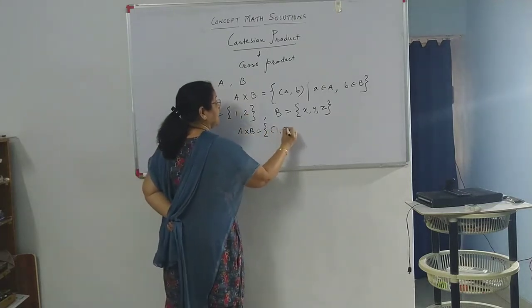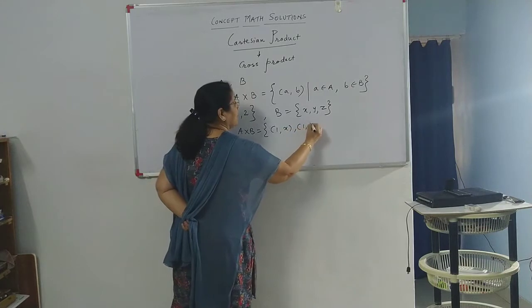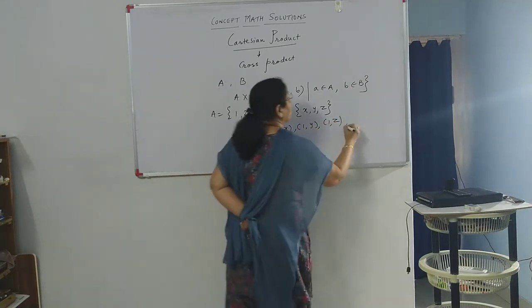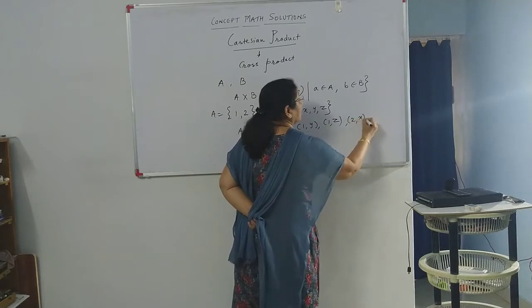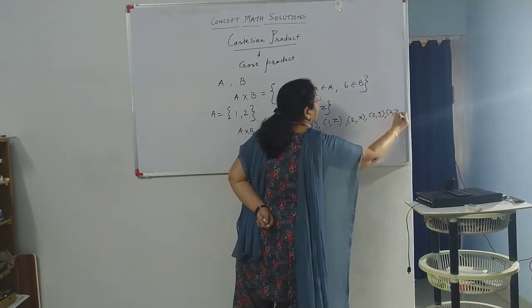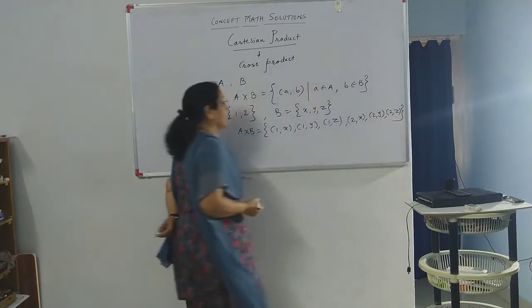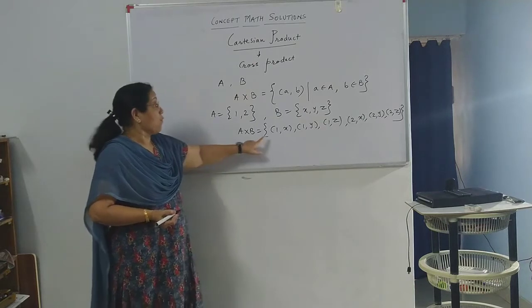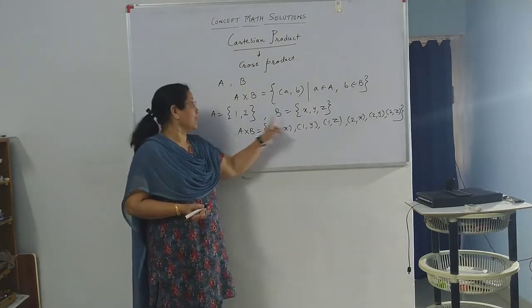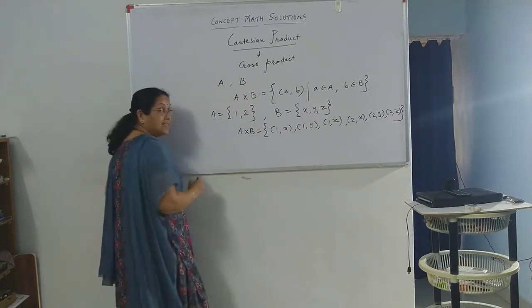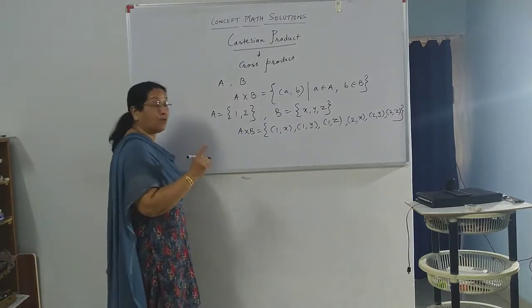So (1, x), (1, y), (1, z), (2, x), (2, y), (2, z). Right? That is the Cartesian product of A and B. If I have to draw the diagram, these diagrams are called arrow diagrams.